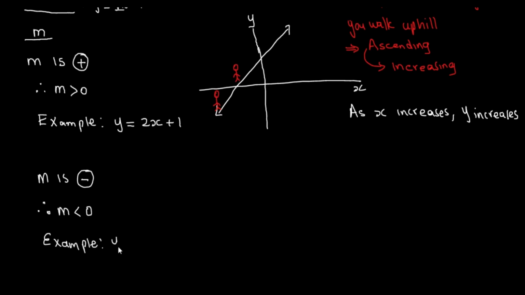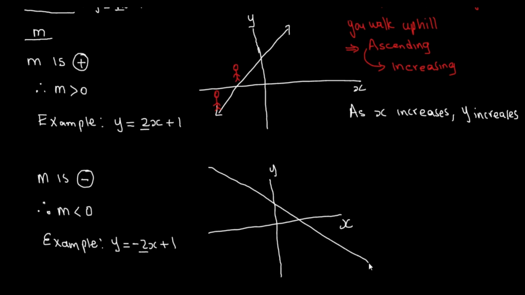It will be something like y equals negative 2x plus 1. Look at the gradient, it's negative. Here the gradient was positive. So if this is how it looks, let's check how the graph will look. I have this as the x, this as the y. So your graph will look like this.